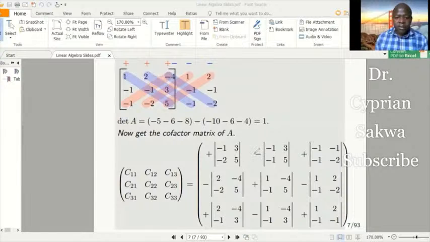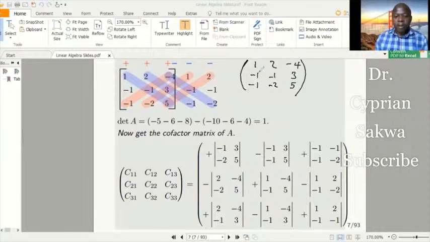So you may be asking, what about this sign? This sign we already discussed when we were looking at the determinants of matrices. Our matrix is 1, 2, negative 4, negative 1, negative 1, 3, and negative 1, negative 2, 5.